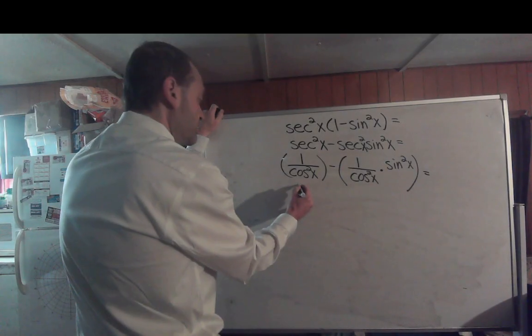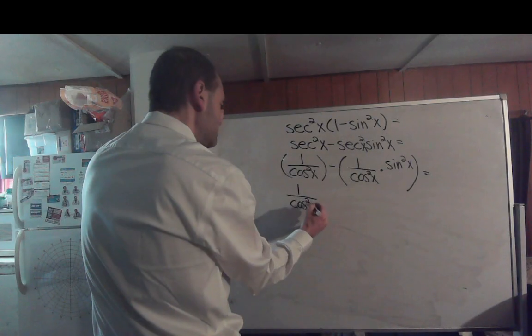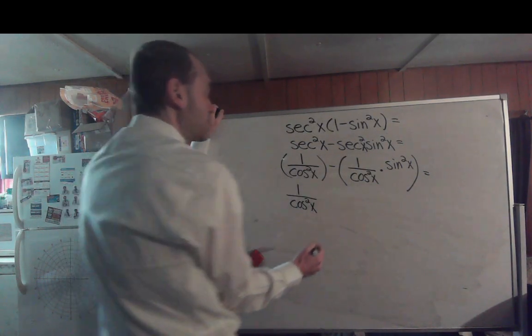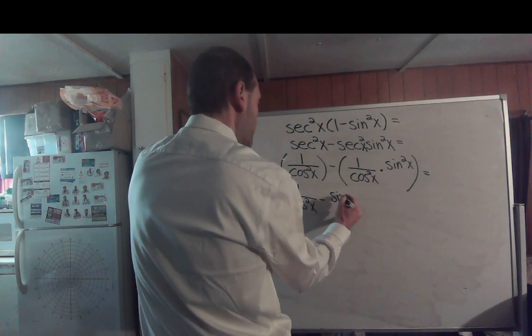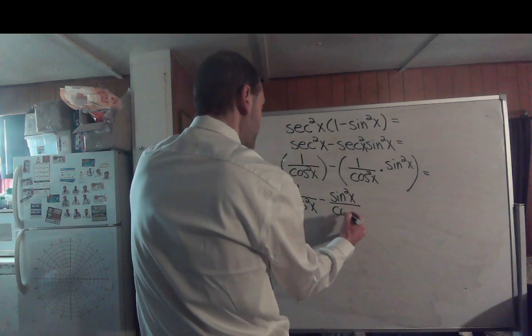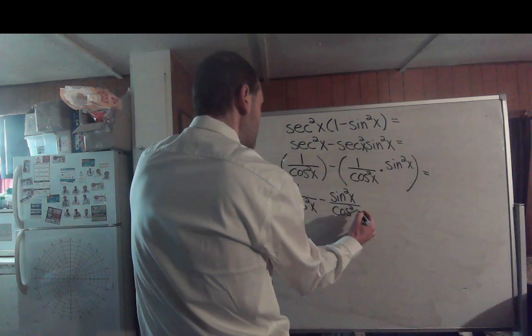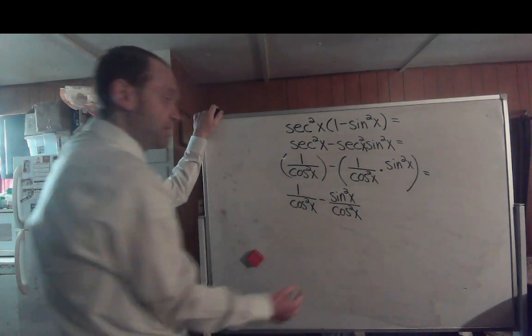Well, let's look now at your second term. So you have 1 over cosine squared of x minus sine squared of x over cosine squared of x. Alright, well, you have the same common denominator.